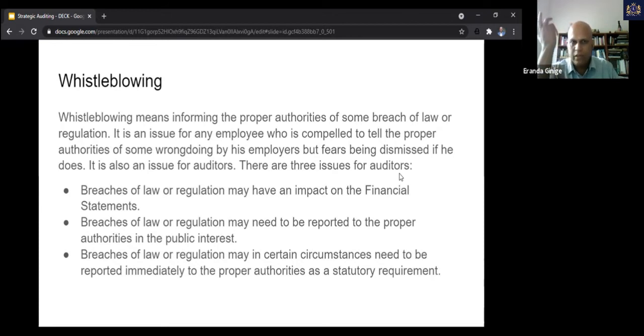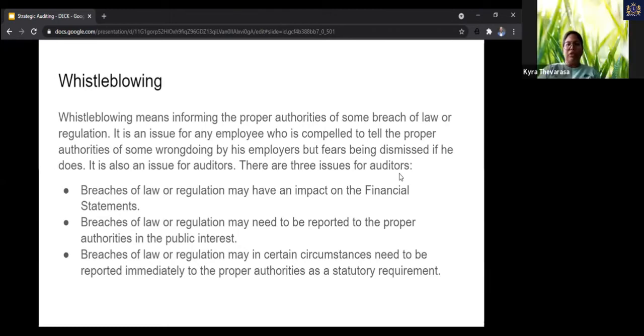Are you familiar with whistleblowing, Kira? Yep. So basically a person who tips off on fraud information. We call it a whistleblower. By right, this person should be anonymous, and the information should not be disclosed in any investigations. Brilliant.